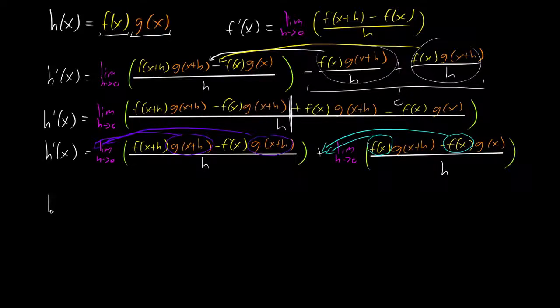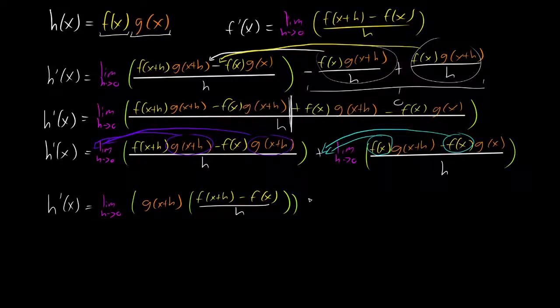Let's rewrite this in its factored form. h prime of x is equal to the limit as h approaches 0 of g of x plus h times f of x plus h minus f of x all over h, plus the limit as h approaches 0 of f of x times g of x plus h minus g of x all over h.